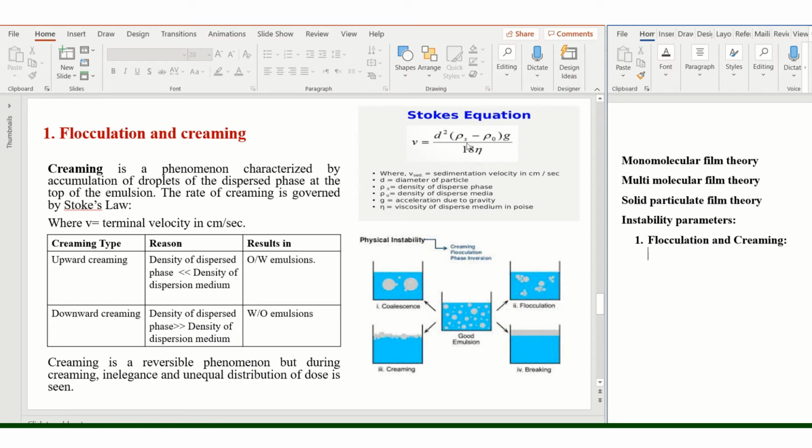This is the density of the dispersed phase. This is the density of dispersion medium. So if there is a vast difference, there will be a change in the rate of creaming.